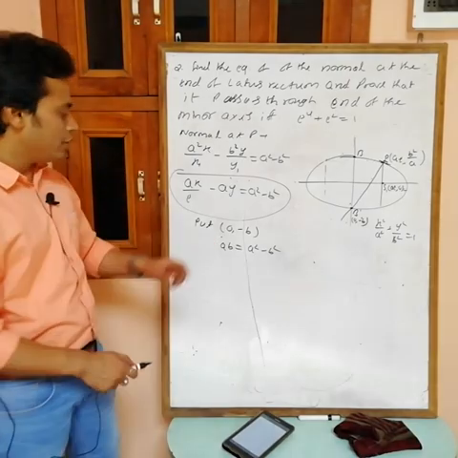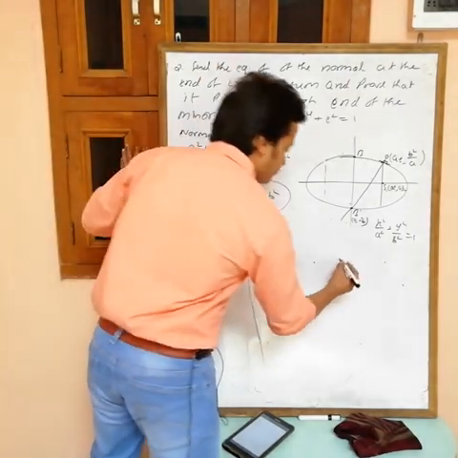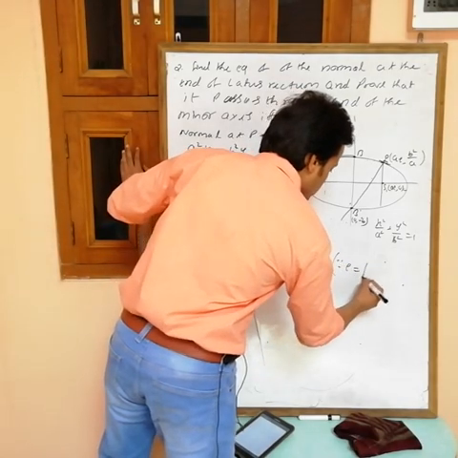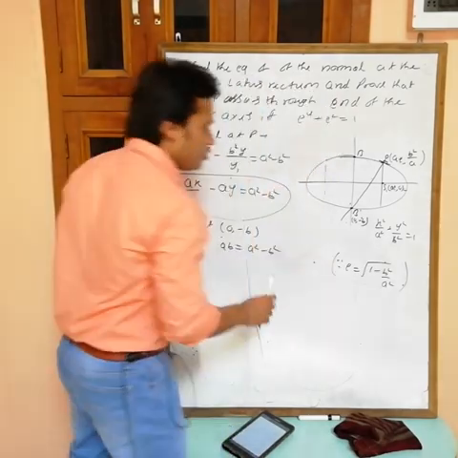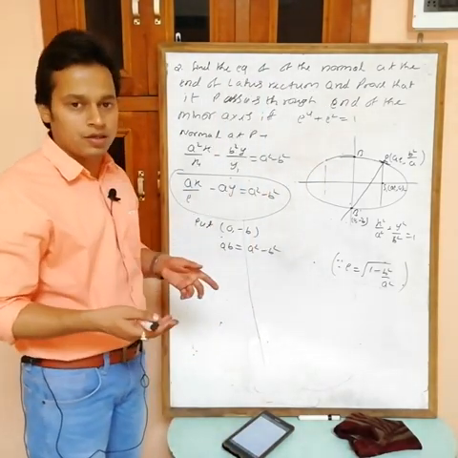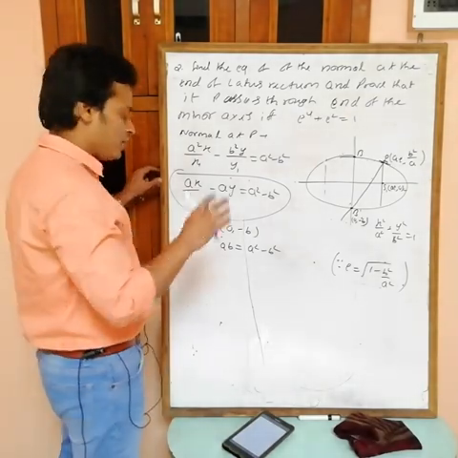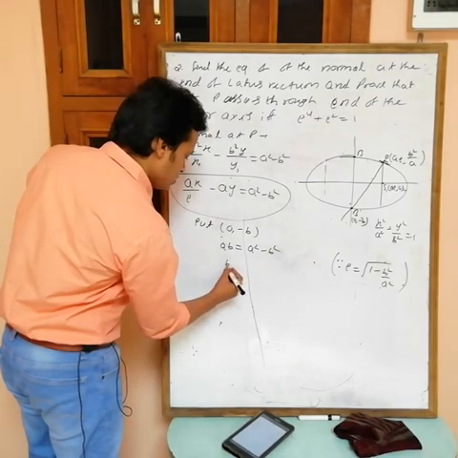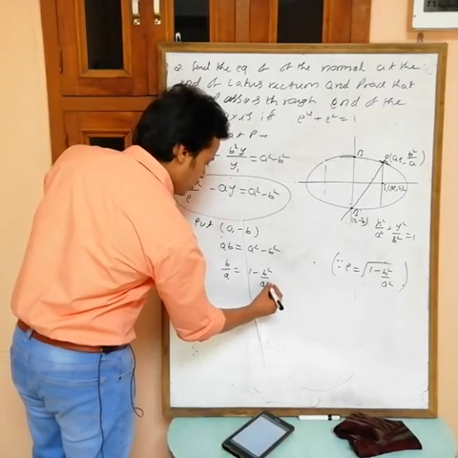It means I want to convert this equation in terms of e, and we know that e equals root of 1 minus b square by a square. So if we know the values in terms of b square by a square, then I can write in terms of e. First, I divide by a square, then b by a equals 1 minus b square by a square.